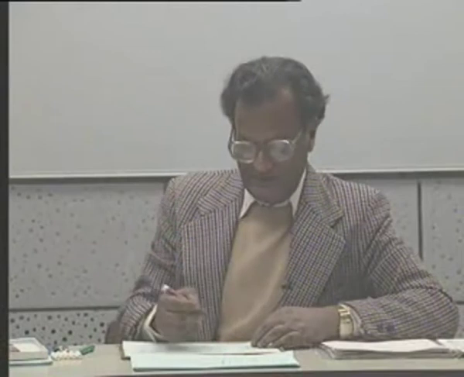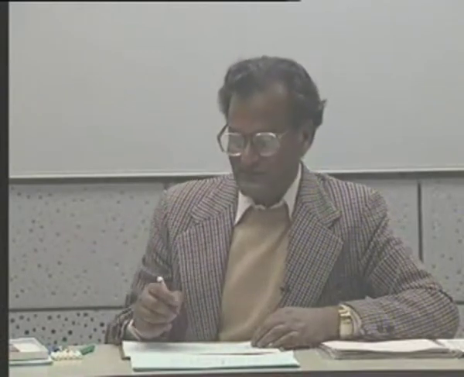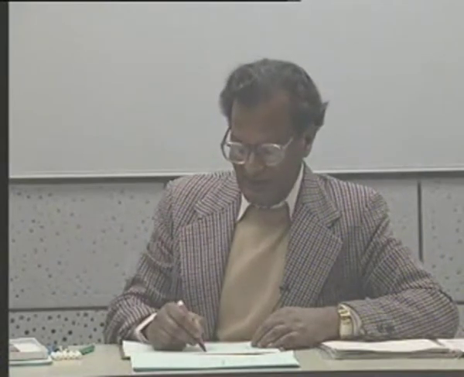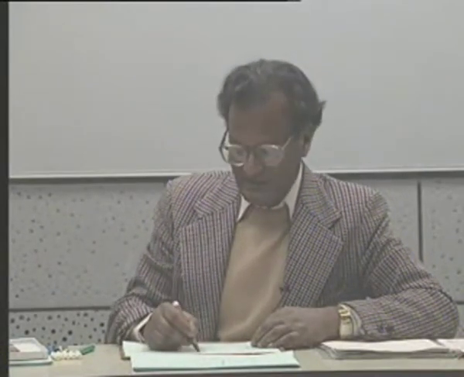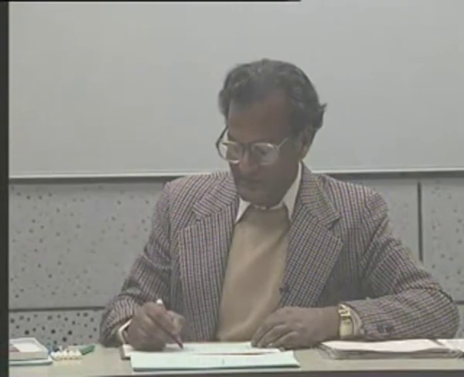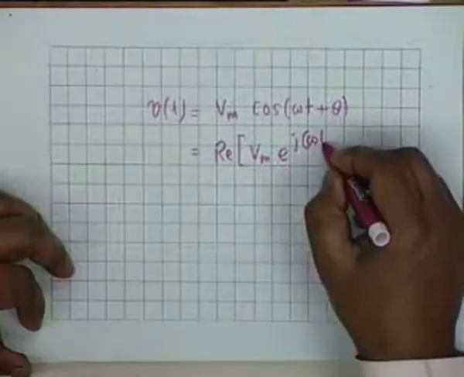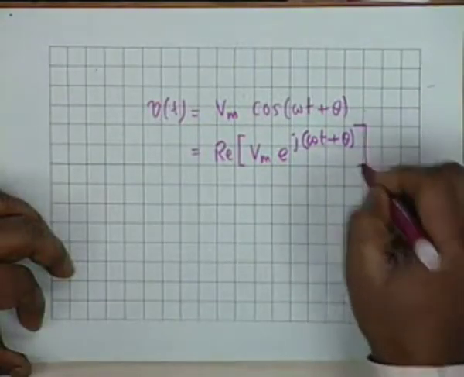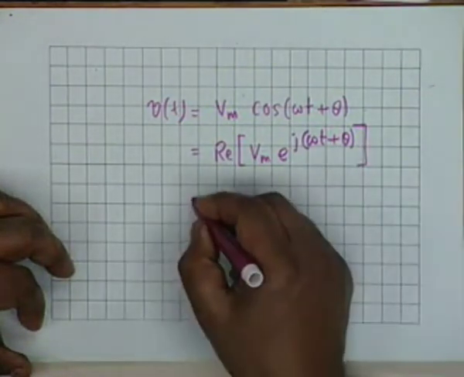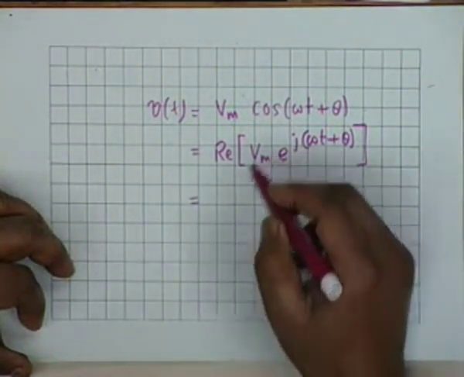Now we write this as, you see, this by itself is not a complex quantity. It is the real part of a complex quantity, the real part of Vm e to the power j omega t plus theta, all right. And Vm is the peak value.